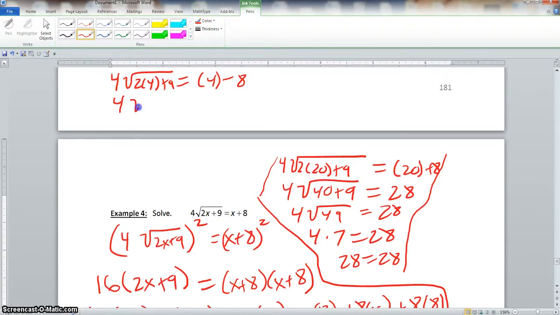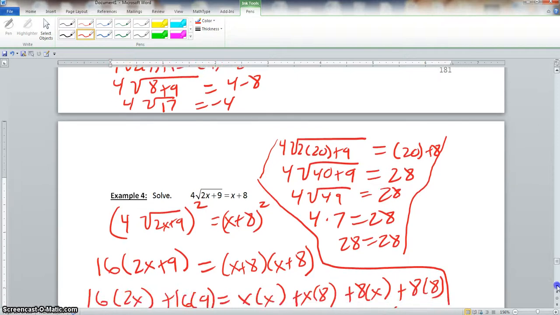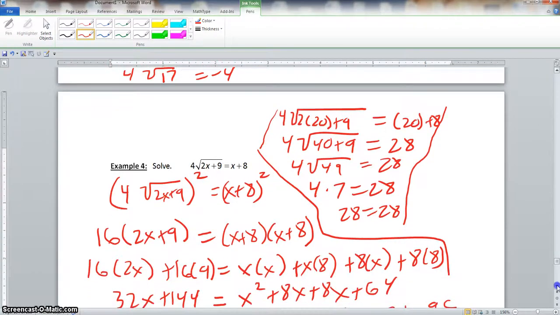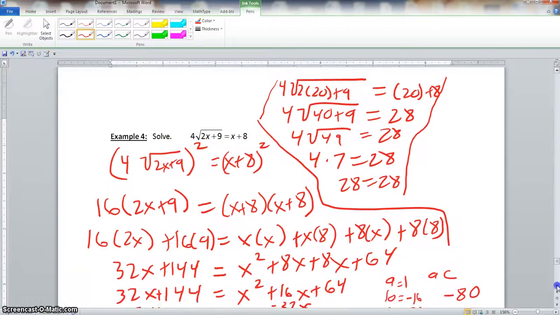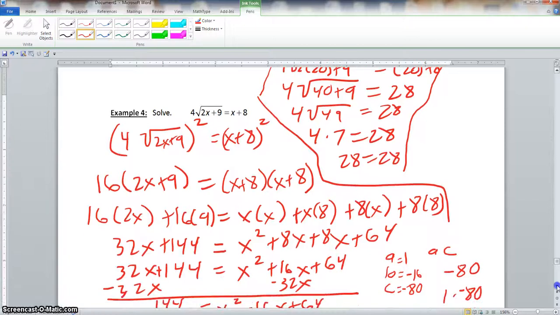So we have 4 times the square root of 8 plus 9 is equal to 4 minus 8. Now, 8 plus 9 is 17, so it'd be 4 square root of 17 is equal to negative 4. Now, we know 4 square root of 17 is not equal to negative 4. So we know that our final answer for this problem would be 20, because 4 does not work.